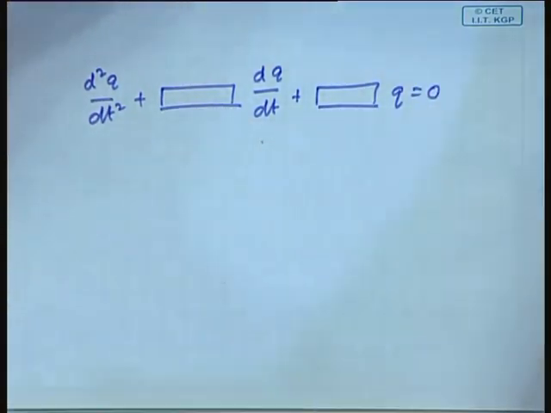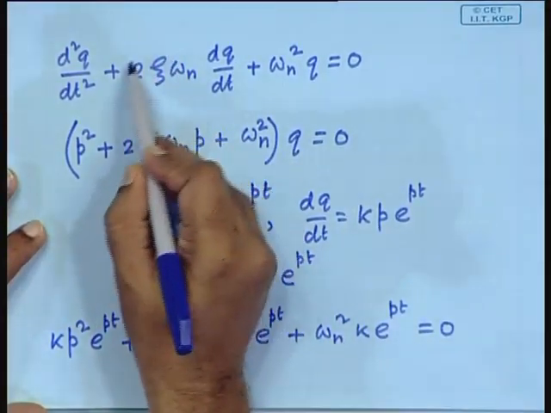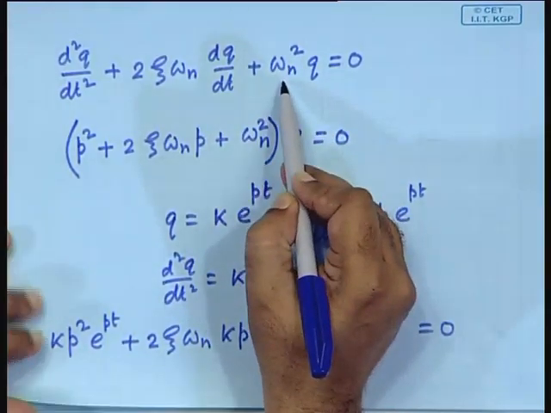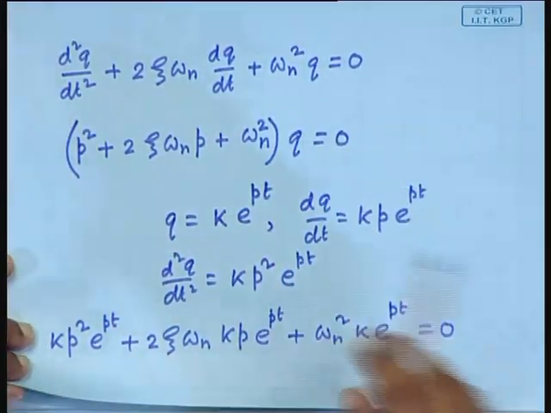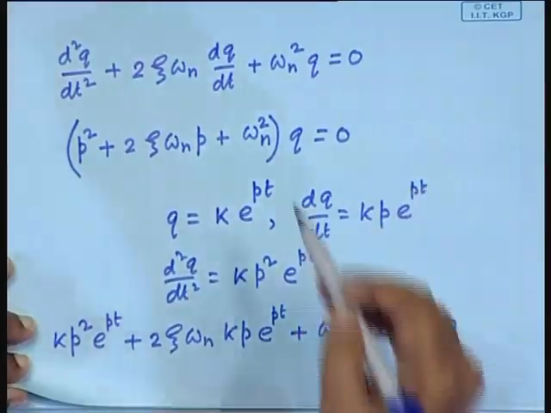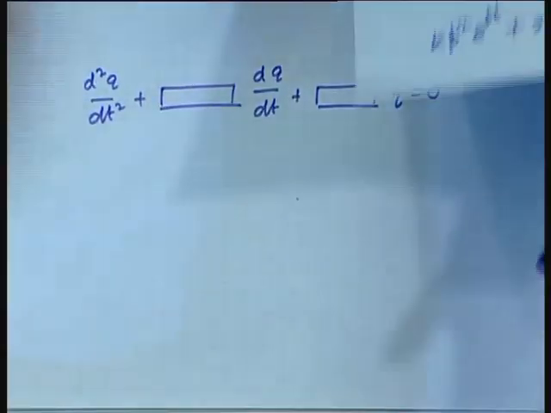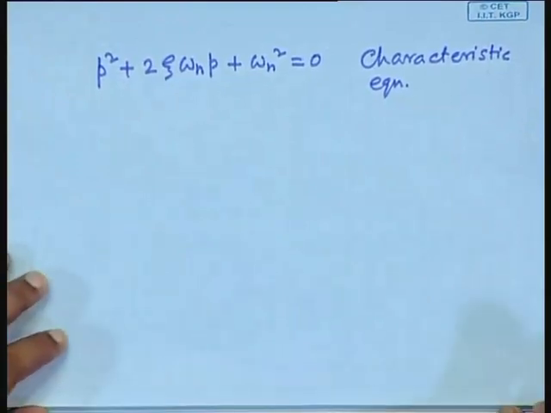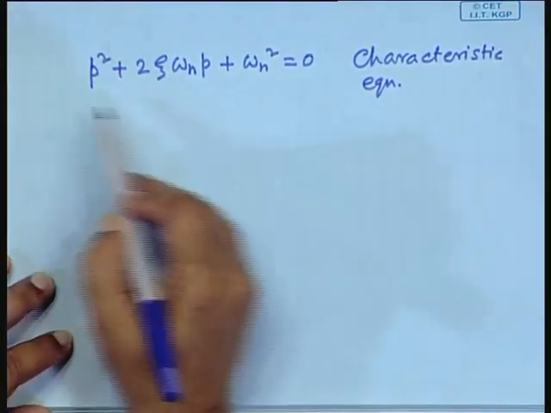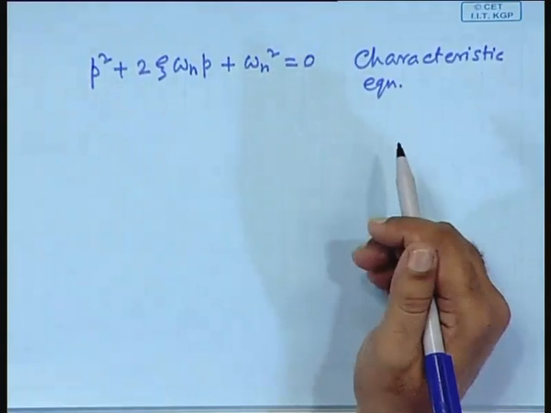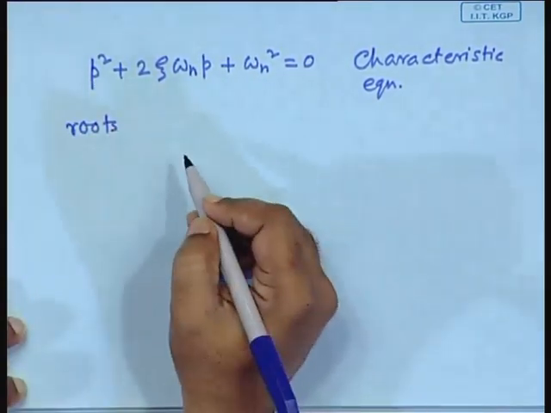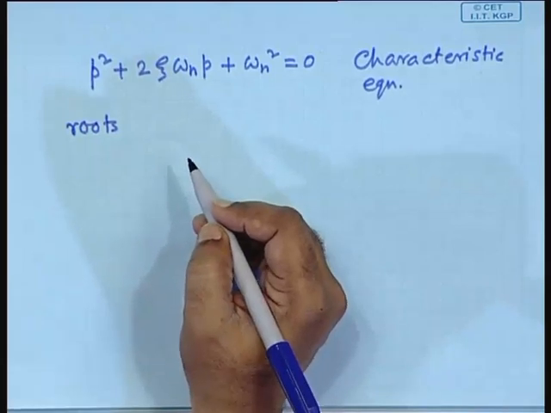Then we said that we will normally express it in this form, so that the second coefficient becomes twice zeta omega n, and the third one becomes omega n square. Why, we will come to. And then we said that this yields the characteristic equation this. Now, what are the roots of this characteristic equation? Obtain them, obtain the roots.